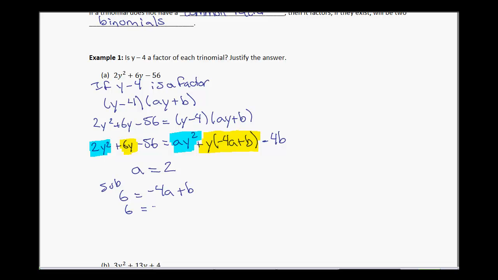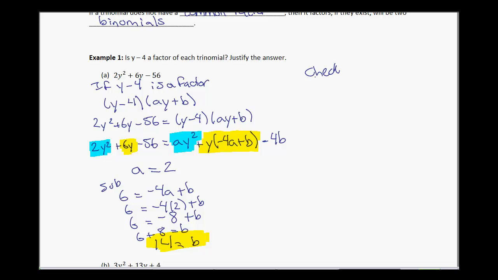Plugging in our a, we get 6 equals minus 4 times 2 plus b. 6 equals minus 8 plus b. And solving for b, we get 6 plus 8 equals b, which comes out 14 equaling b here. But let's check to see if we did our work correctly.